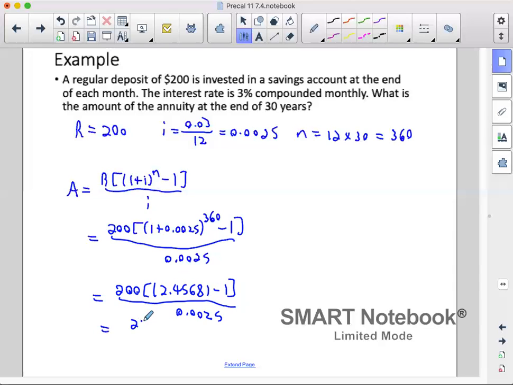So that gives us 291.37 divided by 0.0025. And that leaves us with an amount of $116,547.38.